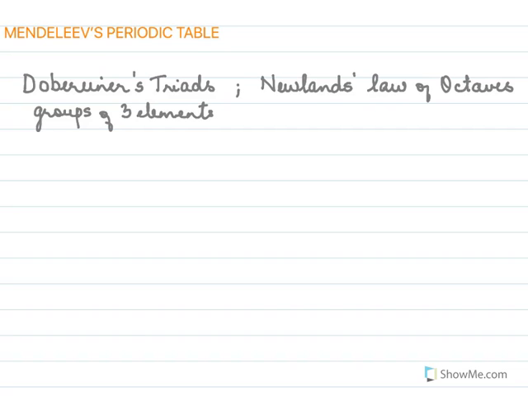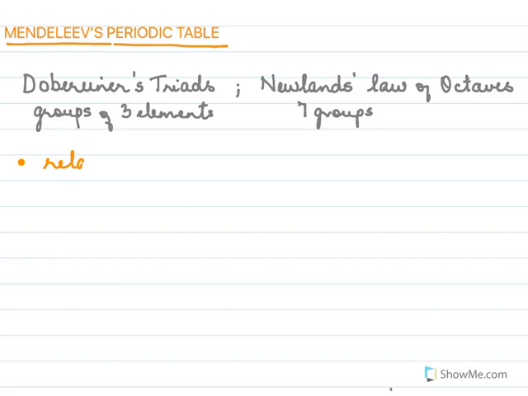And in Newlands' law of octaves, elements were arranged in the increasing order of their atomic masses, and they arranged themselves in seven groups. The properties of elements repeated after every 8th element. Today we will learn Mendeleev's periodic table.